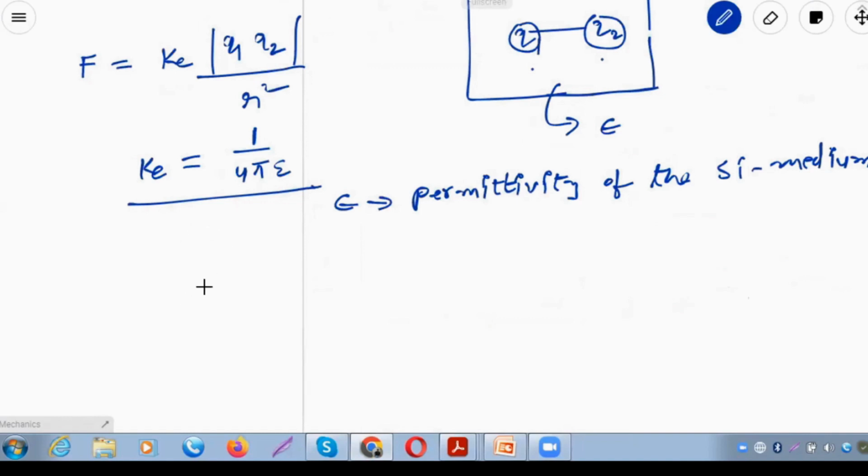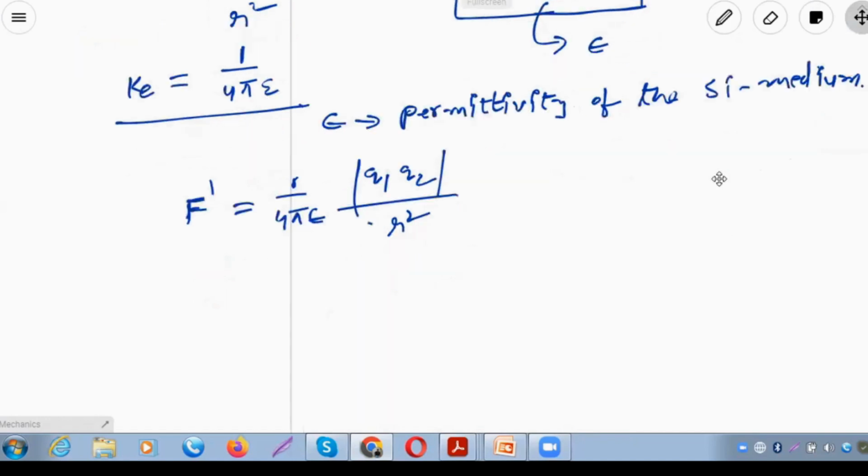In the presence of the medium, we will represent the force with F prime. So F prime in the silicon medium is equal to 1 by 4 pi epsilon into Q1 into Q2 by R squared, right? So this is the difference.